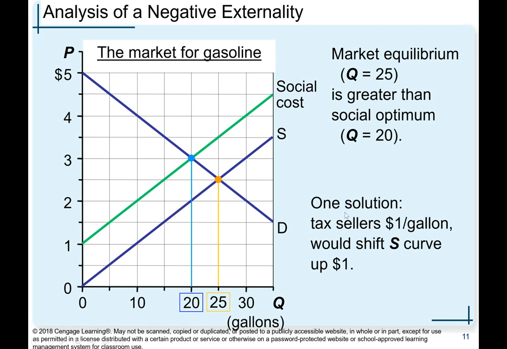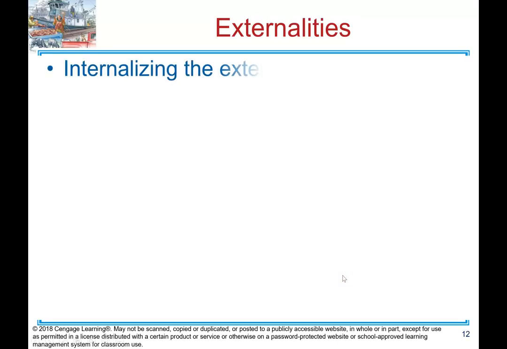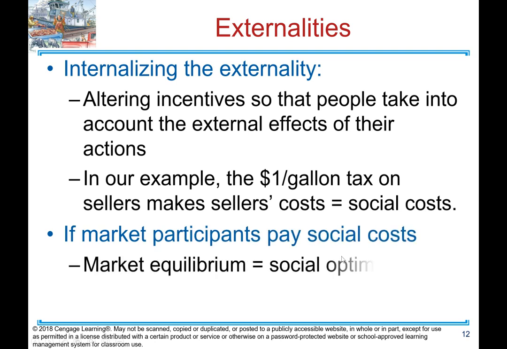So one solution is to tax the sellers $1 per gallon. That would shift the supply curve by $1, and that is what this green supply curve is. It is a $1 shift up or shift to the left. Internalizing the externality: altering incentives so that people take into account the external effects of their actions.